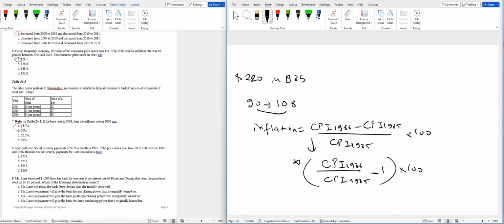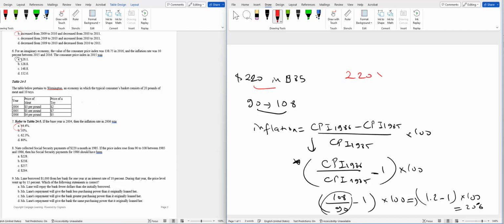So I'm going to use the second one, because it's shorter. So for 1986, it's 108 divided by 90 minus 1 times 100. That's what I need to calculate. And given that, you will find that this part is 1.2 minus 1 times 100 will give you 20%. So the inflation is 20%. Now I can calculate the change in the wage because of the increase in inflation.